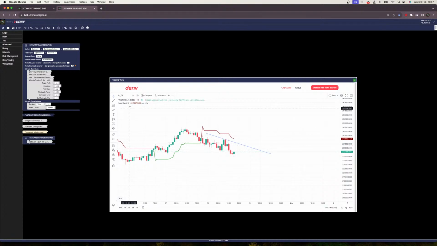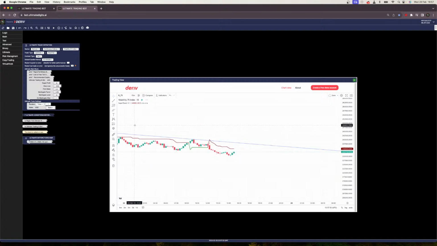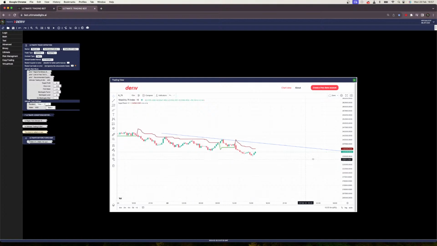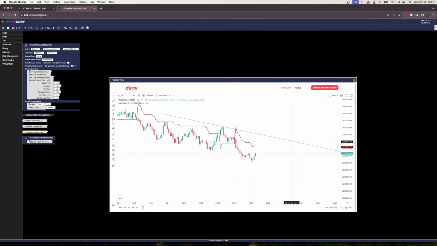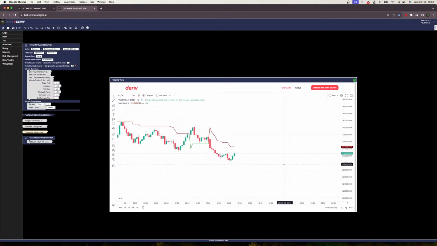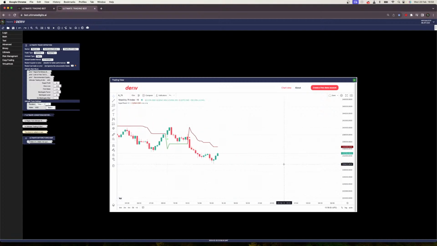So after that, go to 15 minutes time frame and check the current market momentum. You can see we are also on a somewhat downtrend momentum.